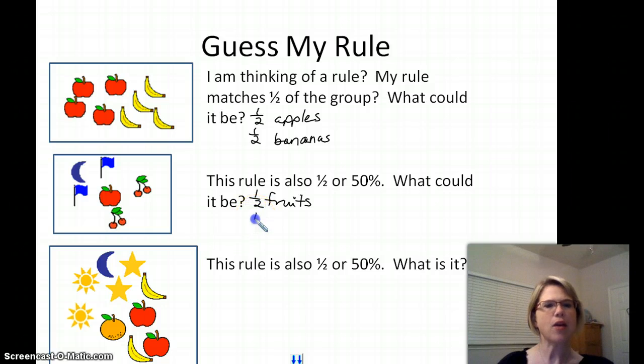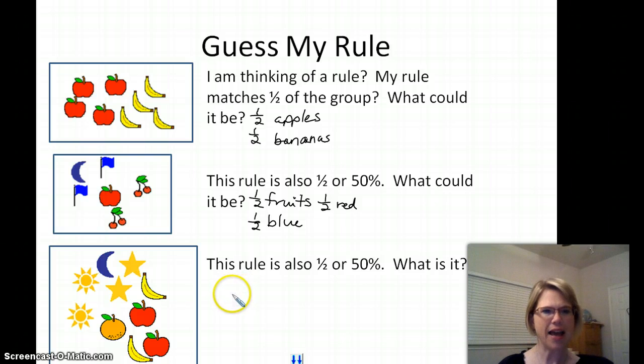It looks like 1/2 or 3 out of 6 are blue, just like 1/2 or 3/6 is red, right? Okay, so there's lots of things that could match my rule, and your job is to figure out which one I'm thinking of.